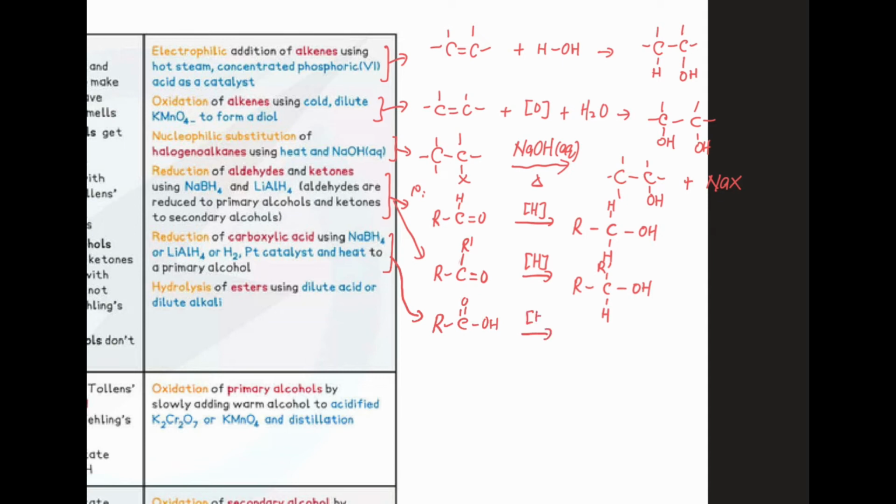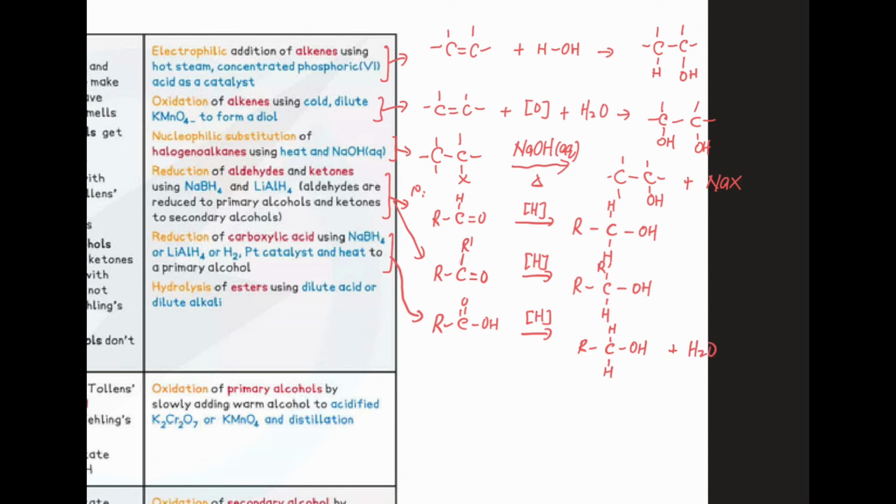You add hydrogens and it will form primary alcohol, R C H O H H. So what happens is you can easily see that the hydrogen is added to this carbon. Hydrogen comes here and here. This oxygen is removed and then they will form H2O.